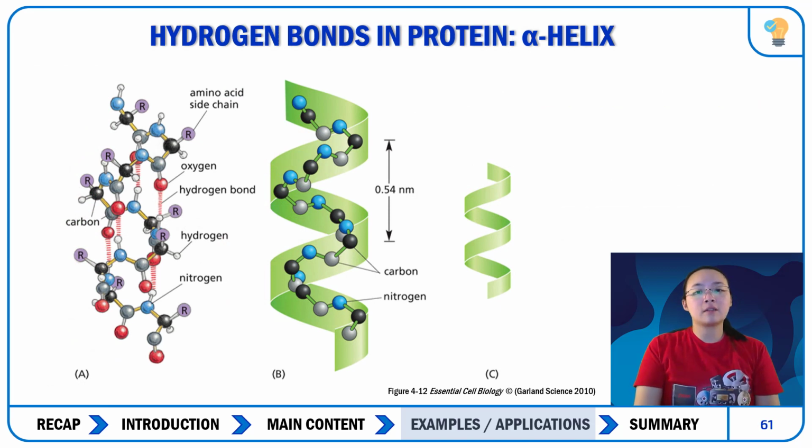And not only that, we can also have hydrogen bonds in proteins that'll give us a certain configuration. As you've probably learned in some of your bio courses or Physics 280, hydrogen bonds can play a role in the formation of an alpha helix or a beta sheet. Here I have an alpha helix, and we're going to use a very similar model to predict its folding towards an alpha helix, just like a DNA helix.